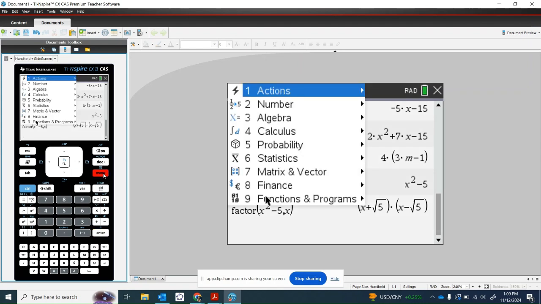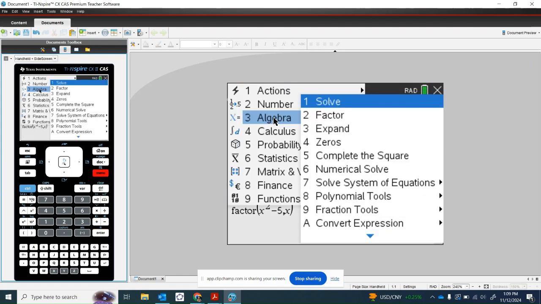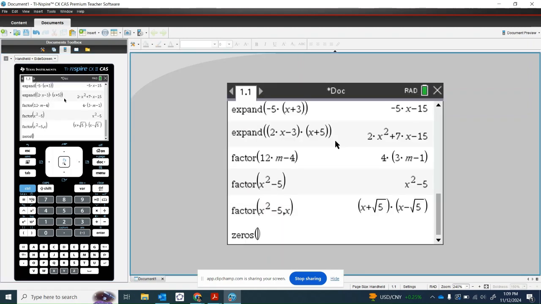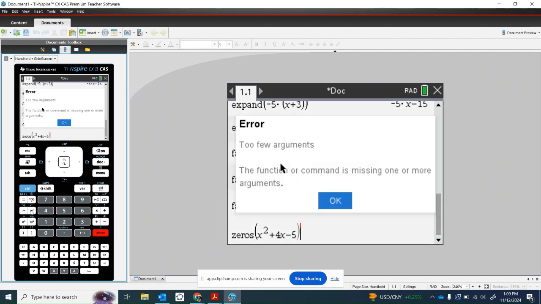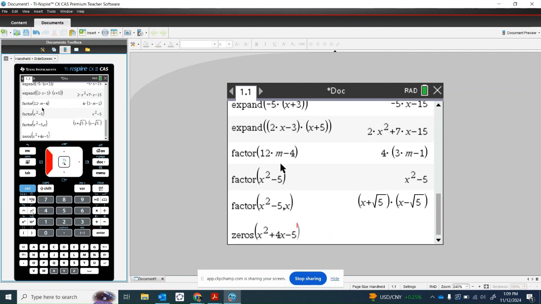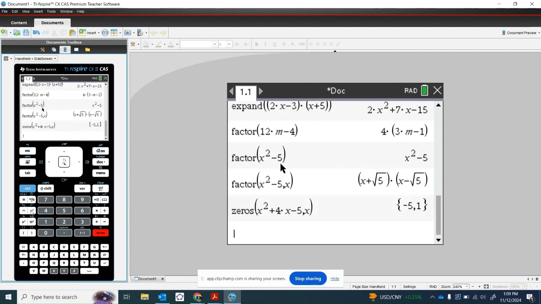All right, what other tools we got under here for algebra? So I could find the zeros of a polynomial. So x squared plus 4x minus 5. Oops, again, comma x. So I have to tell it what variable I am solving for, and the zeros for that will be -5 and 1.